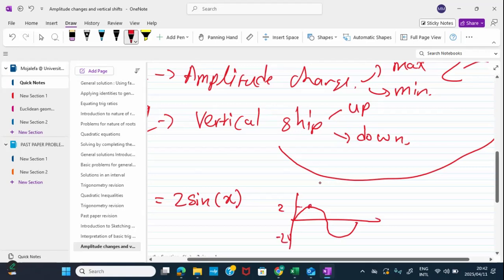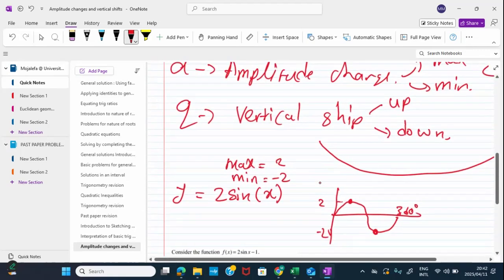So it must reach the maximum of 2, the minimum of -2. Here it must still be 360, right? So give me the maximum of this function. 2. What is the minimum? -2. Okay, negative 2.